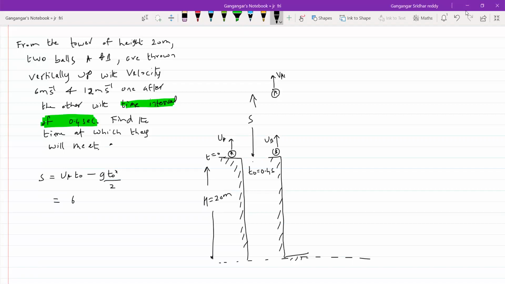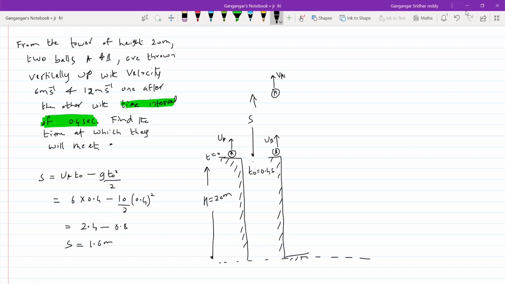Value of UA is 6, so this will be 6 into 0.4 minus 10 by 2 into 0.4 whole square. 6 into 0.4 is 2.4, and the second term is 0.8. So the total will be 1.6 meter.